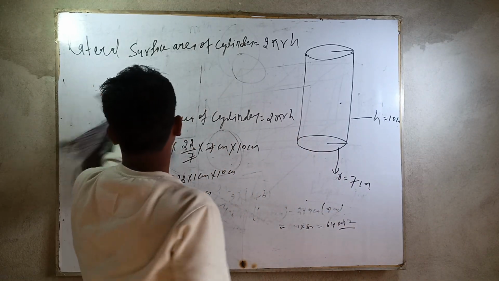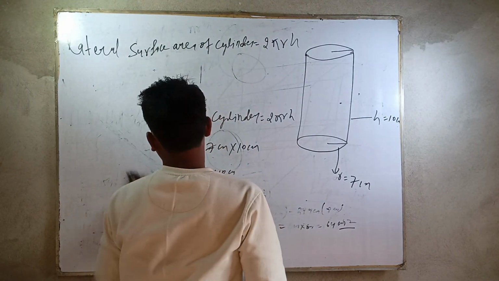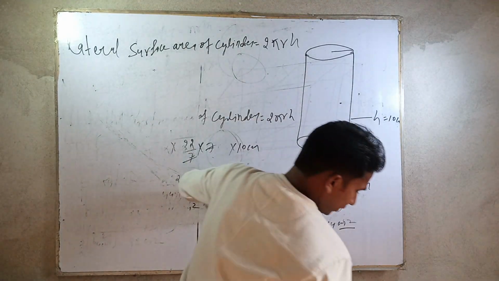Lateral surface area of cylinder. Next one is total surface area.